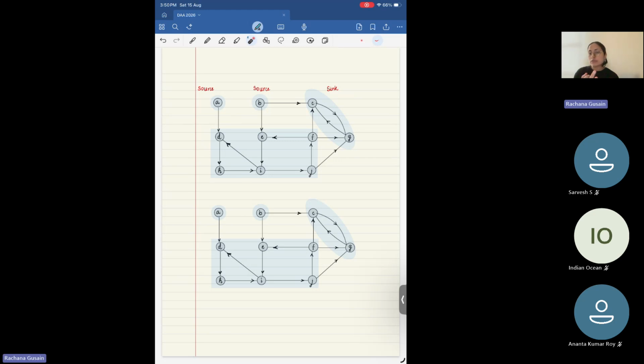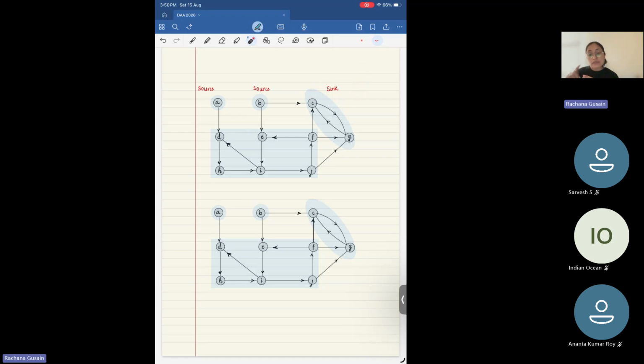All the nodes which are reachable from those two nodes. Suppose I start from C, I will only be able to explore the nodes which are reachable from C. Which all nodes are reachable from C? Only G is reachable, and C itself. So if I do a DFS from C, I'll get a DFS tree which will only have C and G in it.